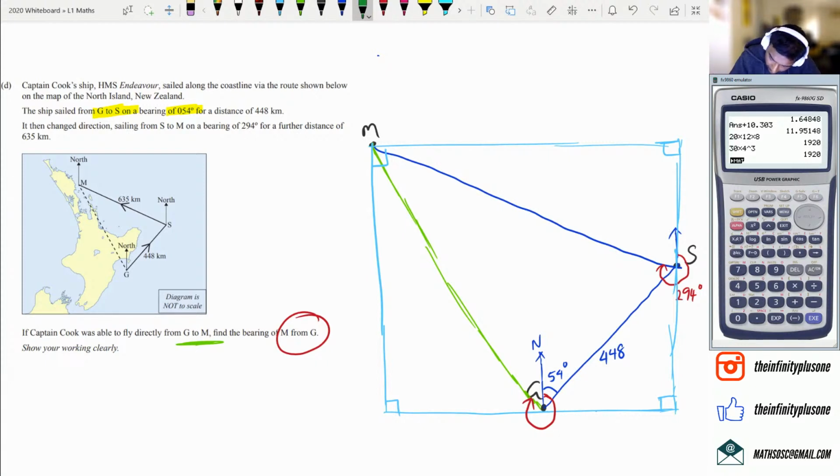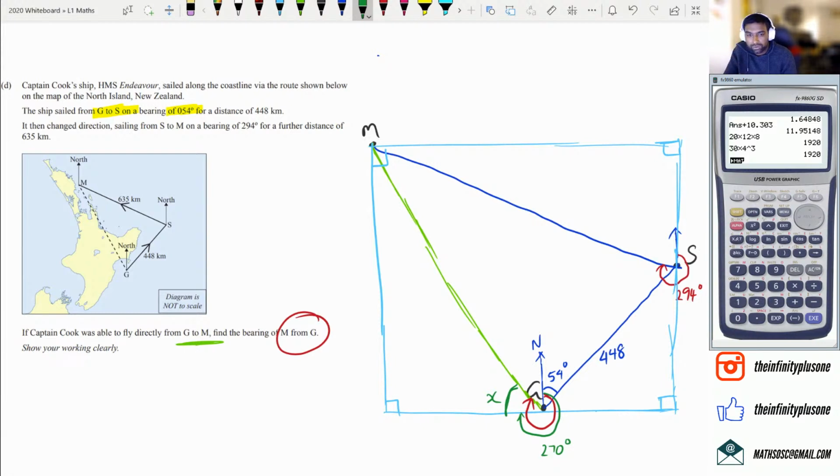Now, I know that the angle from this part to this part is actually 270 degrees. Basically, I am looking for this angle X, and if I add that to 270, I'm going to get the bearing of M from G. So I've actually got to figure that angle out.